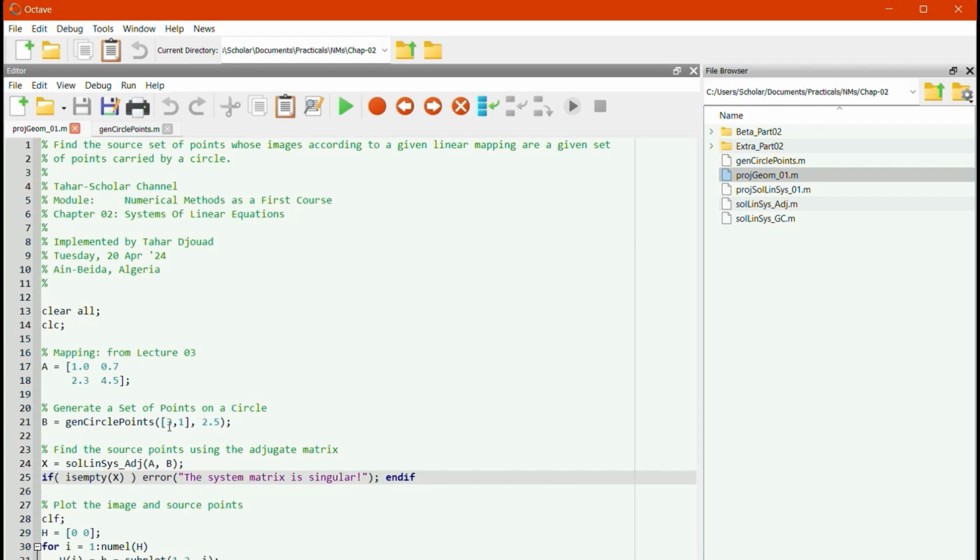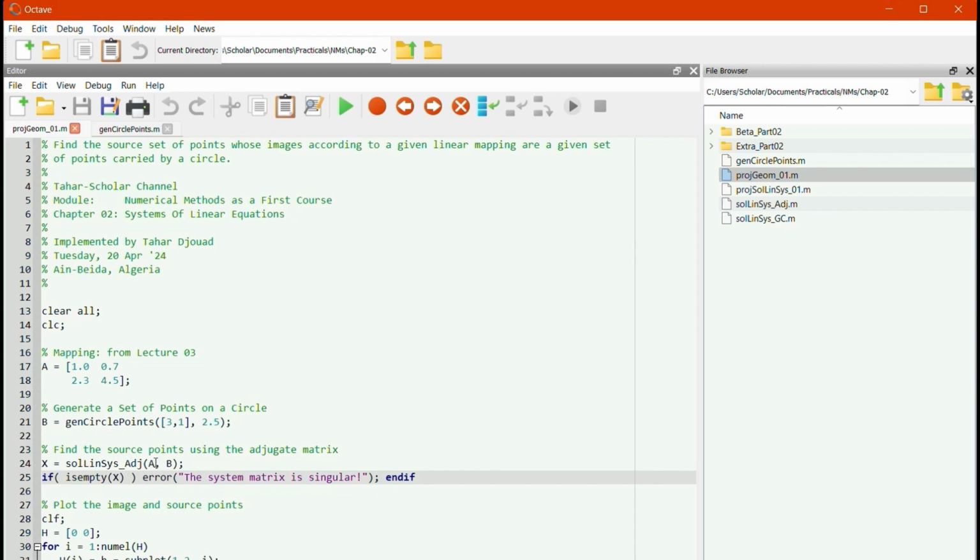So these are the coordinates of the center and the radius. It will generate 50 points, and we store them in the image matrix B, the matrix containing the image vectors by columns. And then we call the function solve system adjugate to solve our problem.